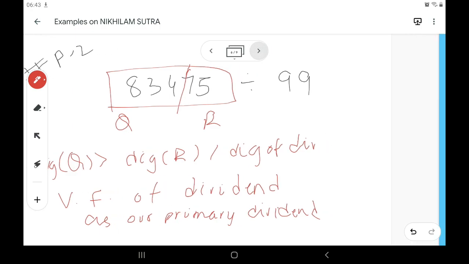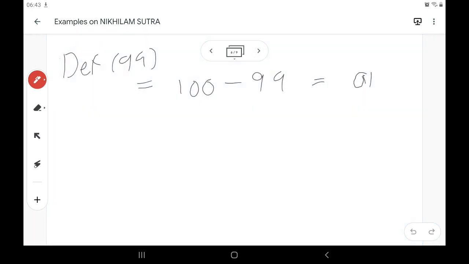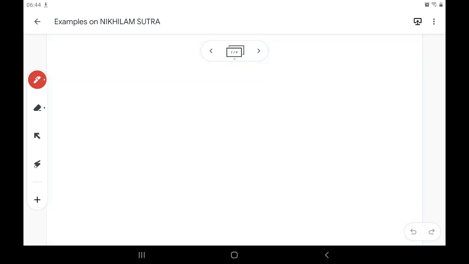So let's find out the Vinculum form of the dividend, that is 83475 and its Vinculum form.